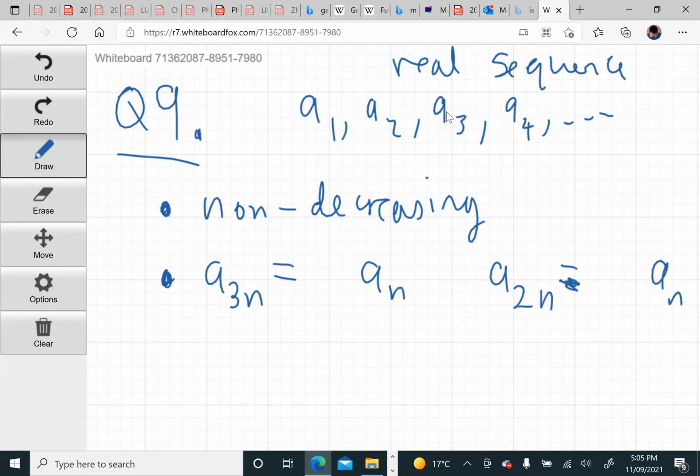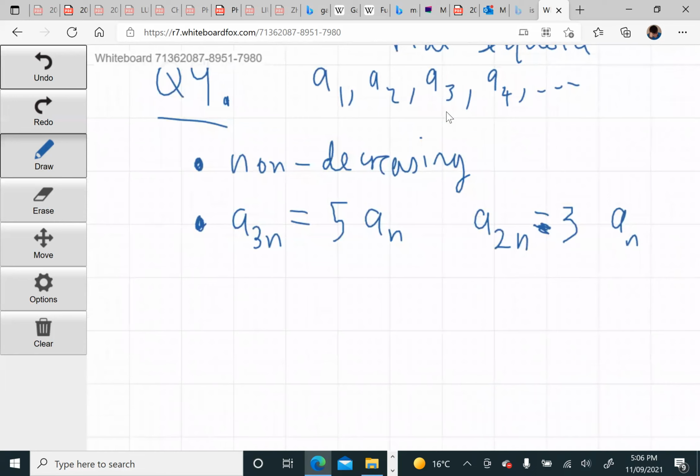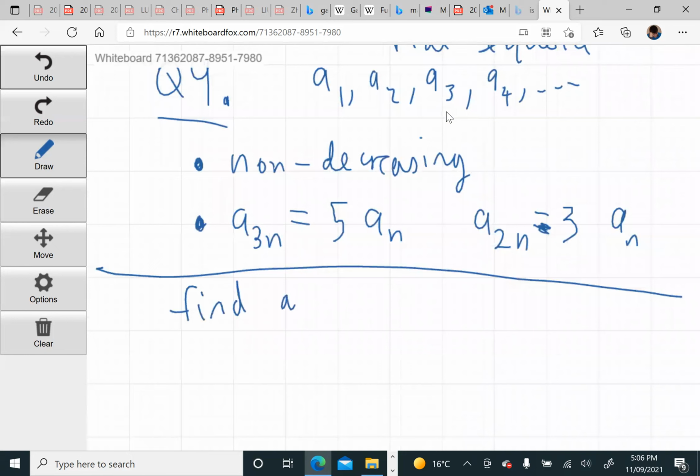So I think it was A5N. No, I think it was one of them was a multiple of 5, but it was A3n. Yeah. All right, thanks for that. So these are the two conditions, and we were trying to find all sequences.